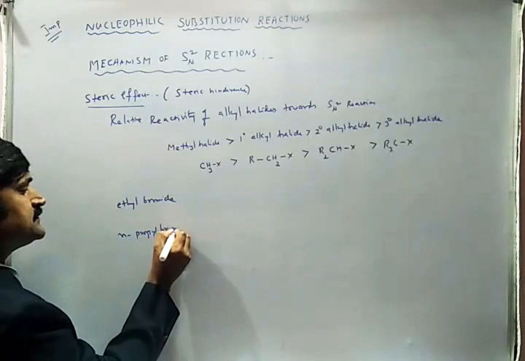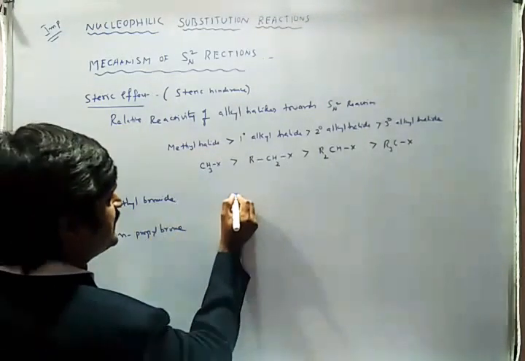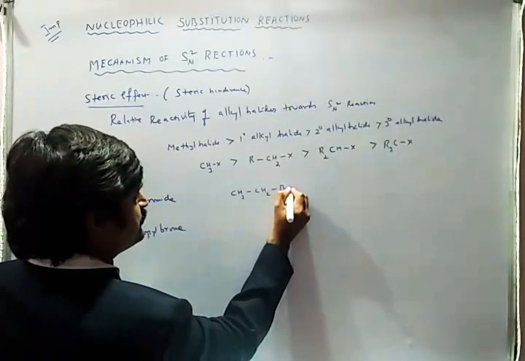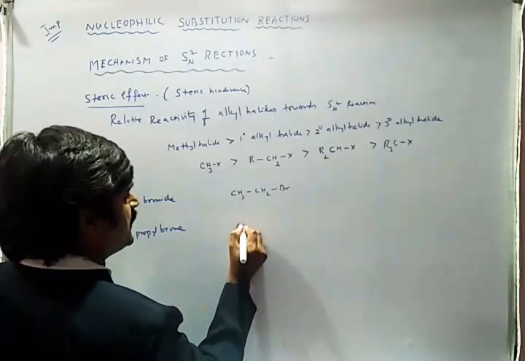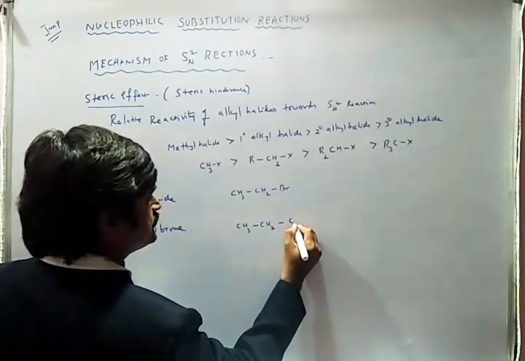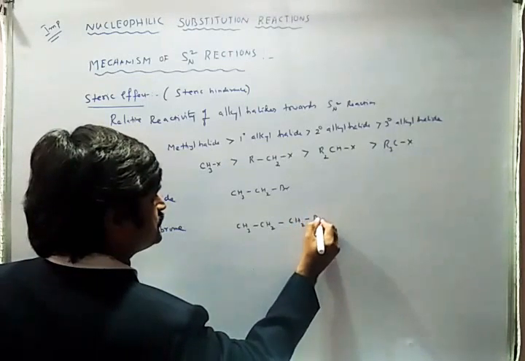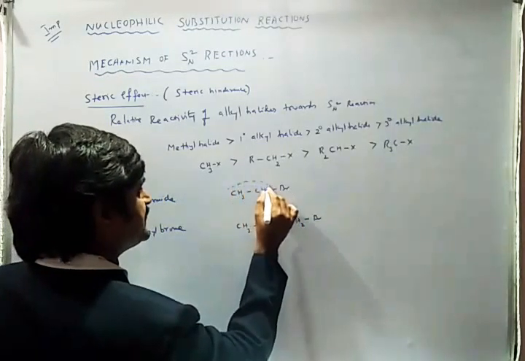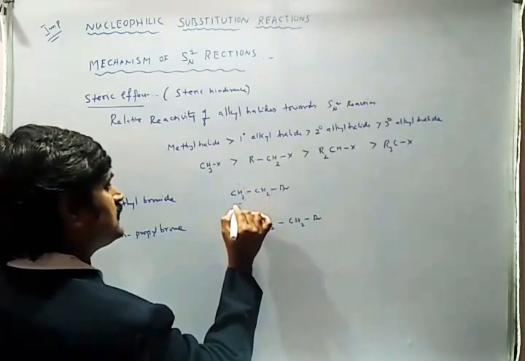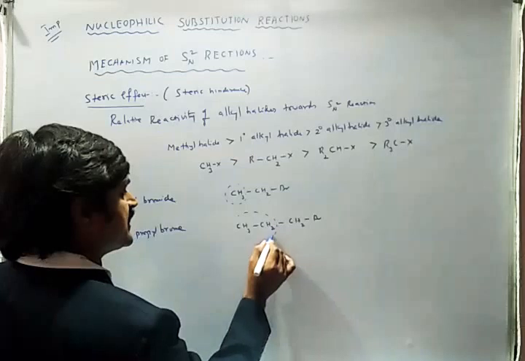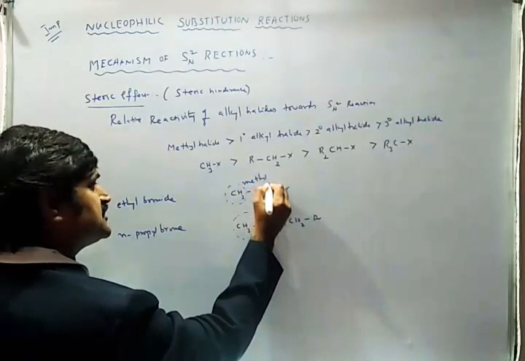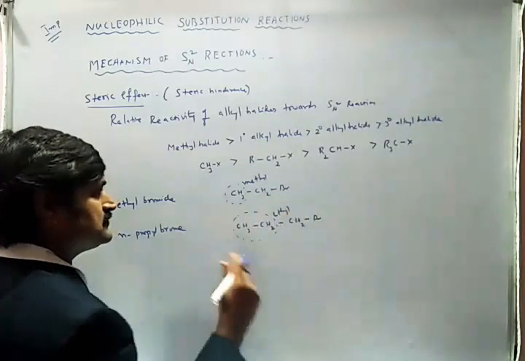N-propyl bromide is CH3CH2CH2Br. Observe the size of the alkyl group here: this is methyl, and this is ethyl.